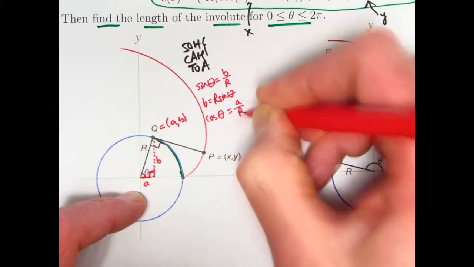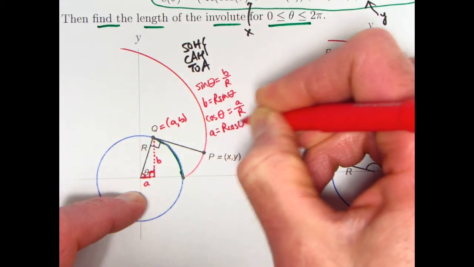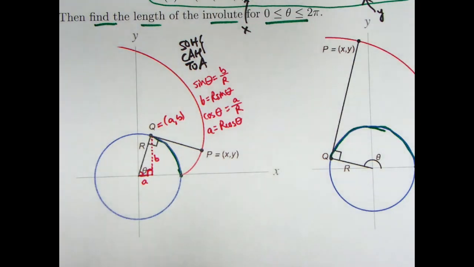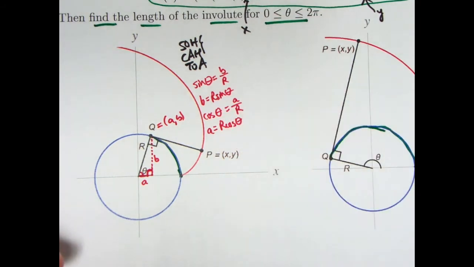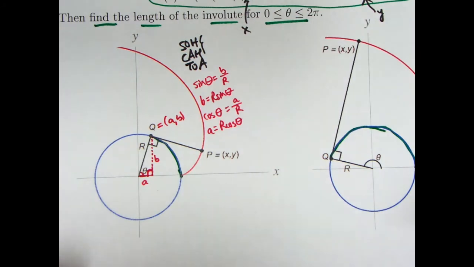This is a over r, and therefore a is r cos theta. Those are the coordinates of Q. You also could have thought of those in terms of polar coordinates. If you use the transformation of polar coordinates, r and theta to x and y, so to speak, a and b in this case, these are the equations that polar coordinates gives you.